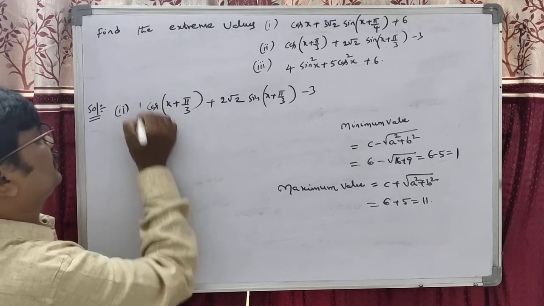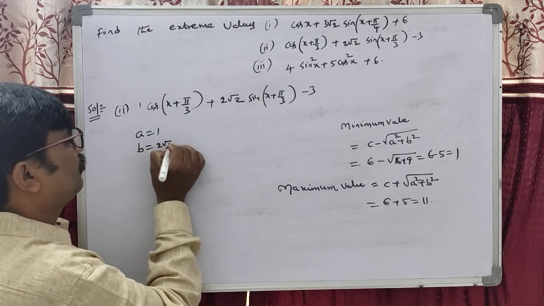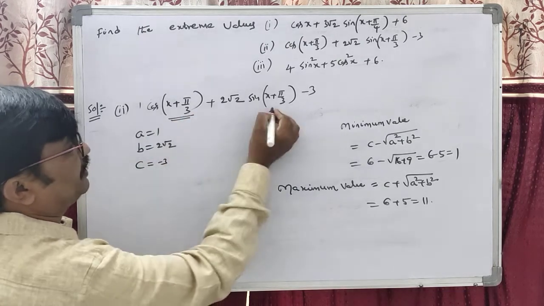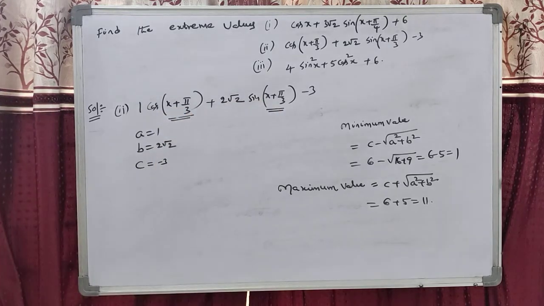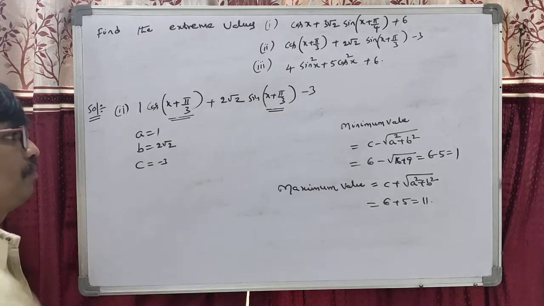So students, a equals 1, b equals 2√2, c is −3. You have to take θ, so this is a cos θ + b sin θ + c.